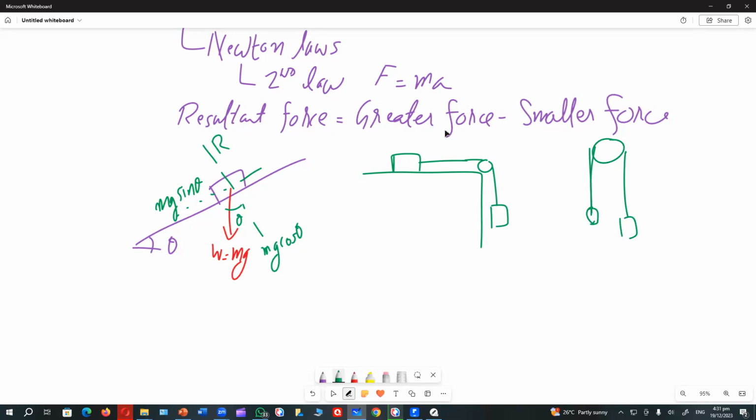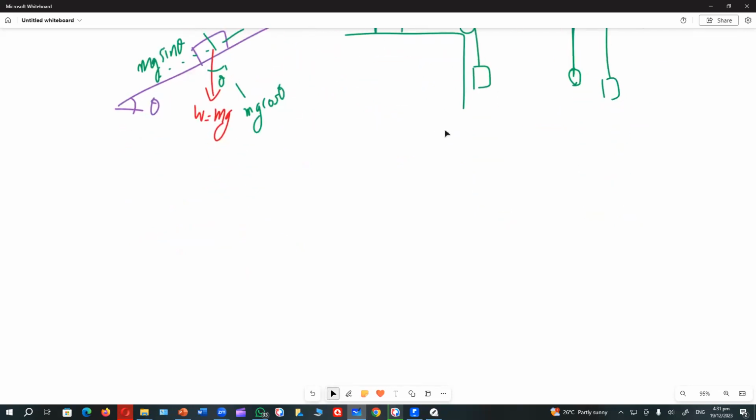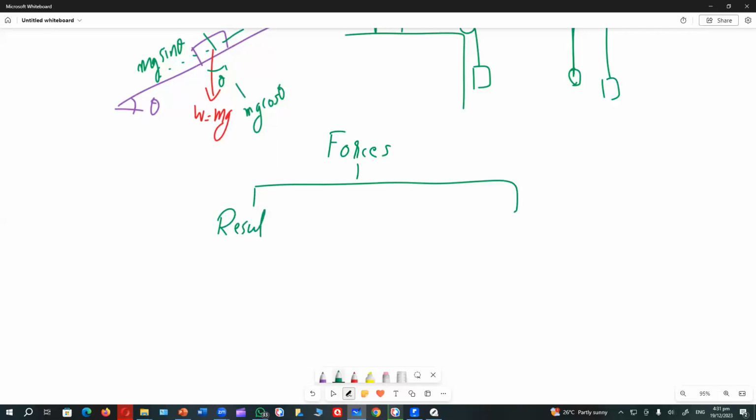What I have taught you here is that whenever you are dealing with these types of questions, you always have to remember that in any question on forces, there are always two options. One, the question is on resultant force.